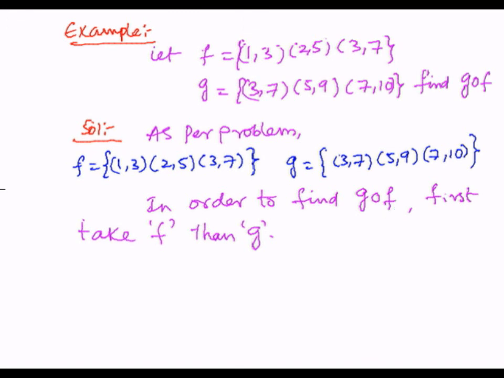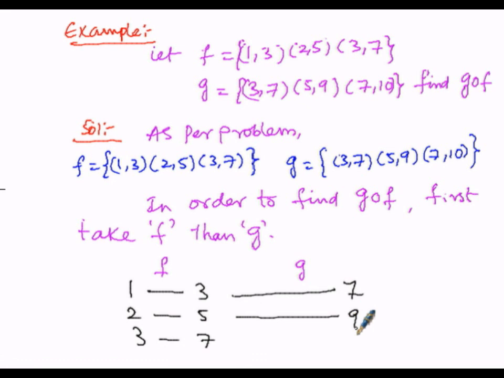Now first of all we take the f function and the g function. Function f is from 1 to 3, 2 to 5, and the third ordered pair is 3 comma 7. Then function g is from 3 to 7, 5 to 9 as the second ordered pair, and the third ordered pair is 7 comma 10.